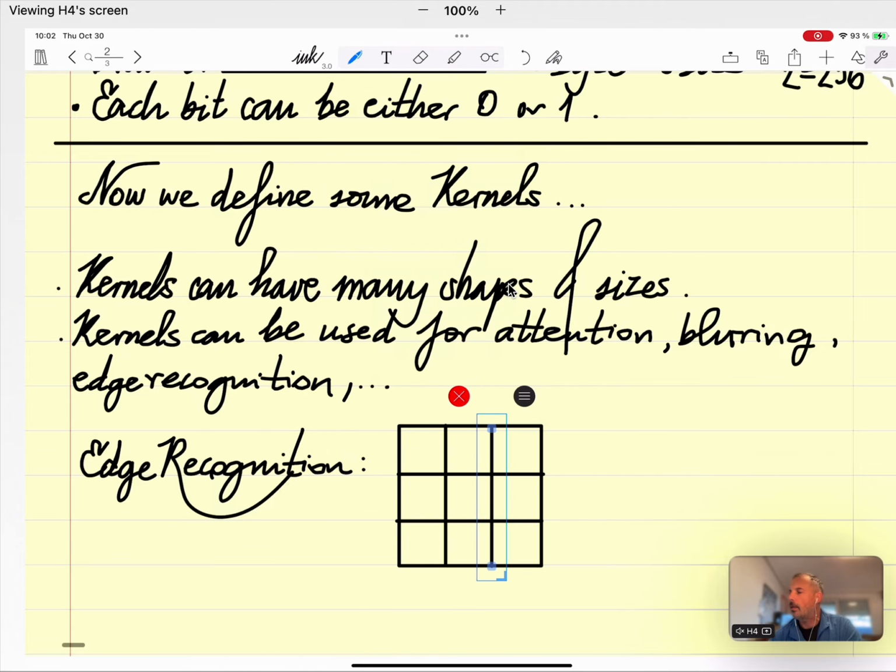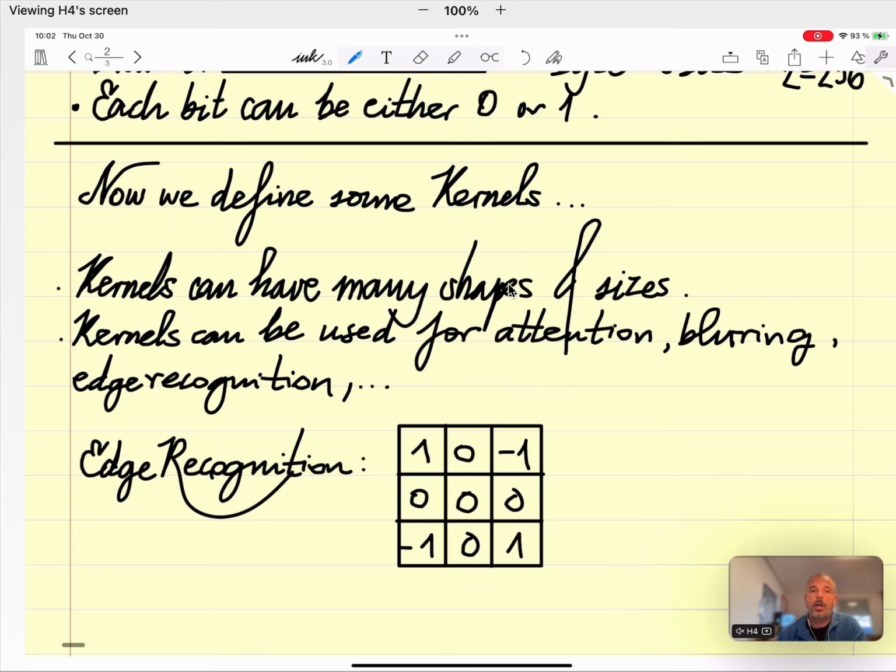So here is an example of an edge recognition where we're looking at corners. 1, minus 1, 0, 0, 0, 0, 0, minus 1, 1. This is an edge recognition. Why?